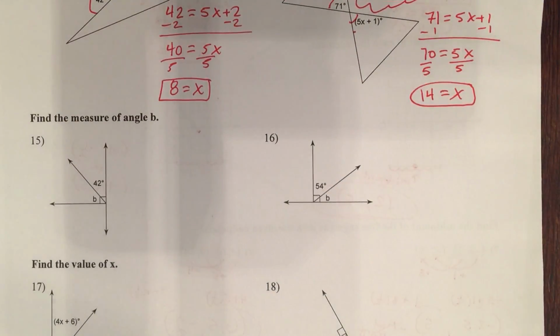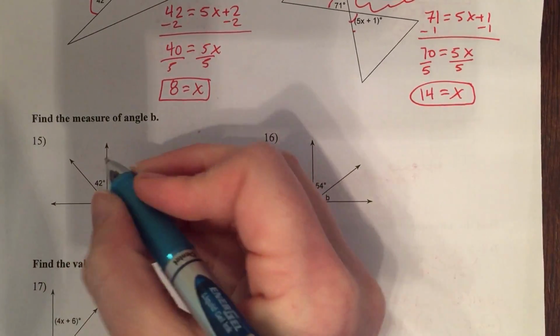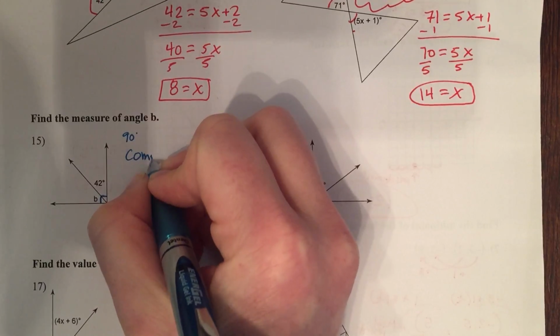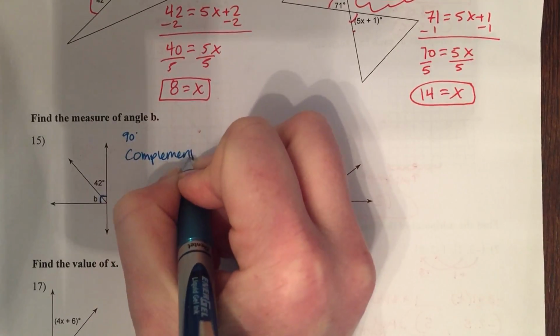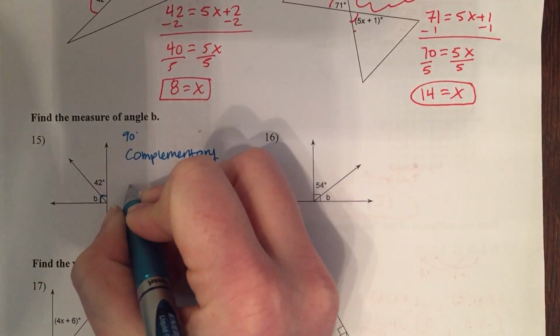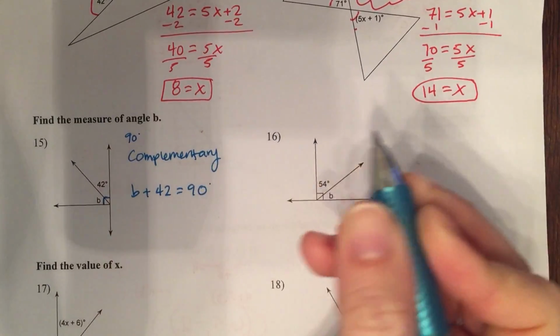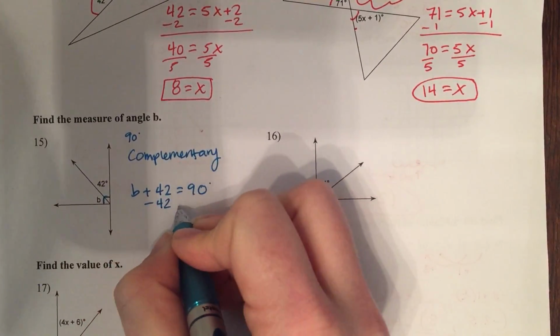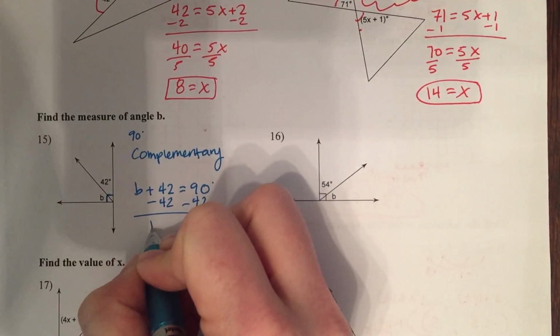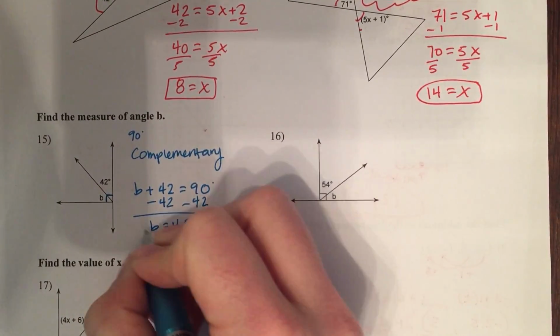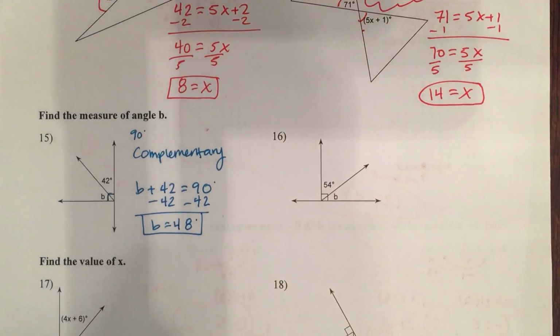Then we have these markings in the center, which are little boxes. That means that it's 90 degrees, and that's called complementary. So I would say b plus 42 equals 90 degrees. Minus the 42. And we get 48 for that missing angle.